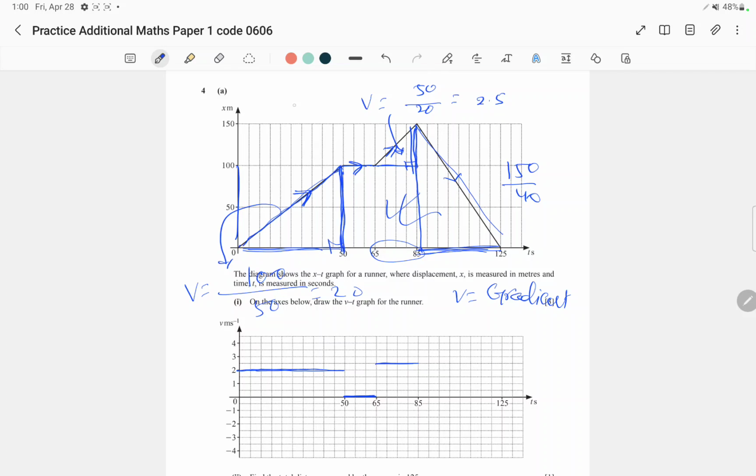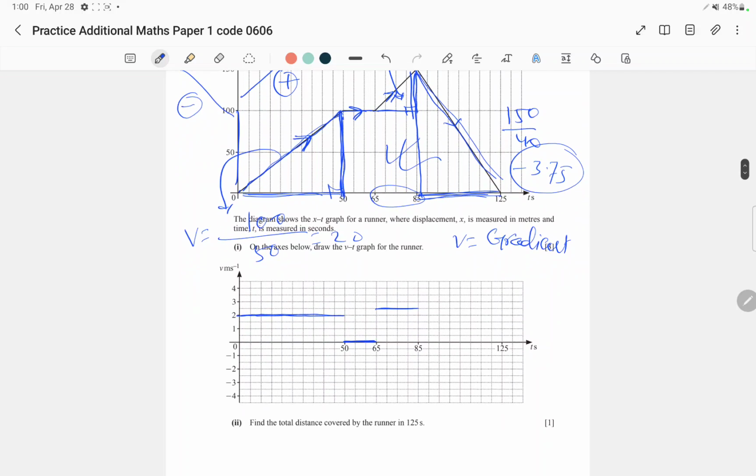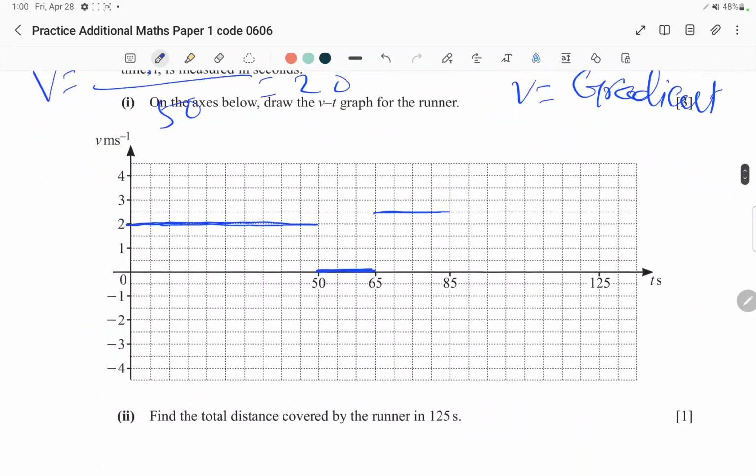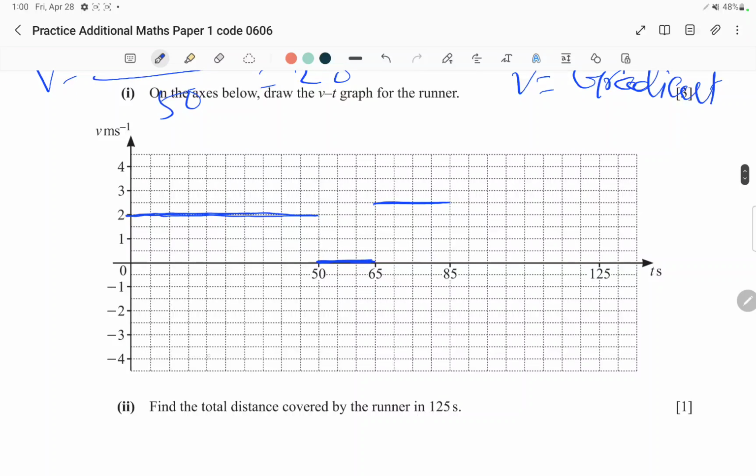But we know that if the line is in this direction, then gradient is positive, and if the line is in this direction, then gradient is negative. So in this case, the line is in this direction, so gradient will be negative. So the answer will be minus 3.75, from 85 to 125. Minus 3.75 can be from here to here. Okay, so this will be the answer.